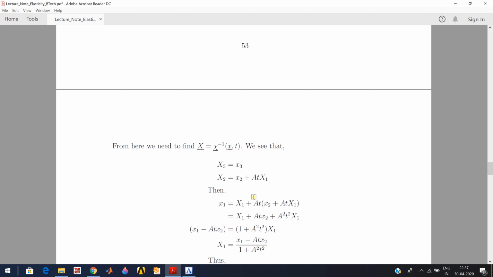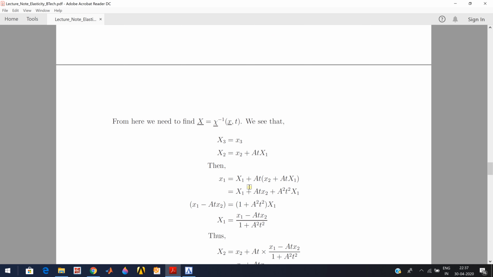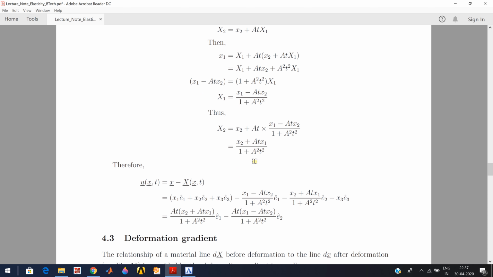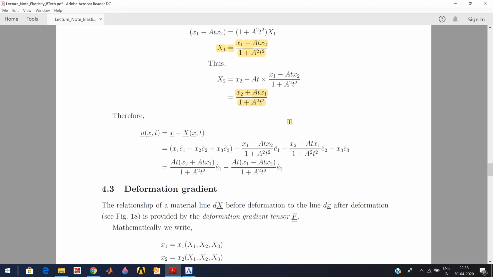That is done by simple mathematics. You can follow this and you can see capital X1 will be expressed like this, and capital X2 like this.